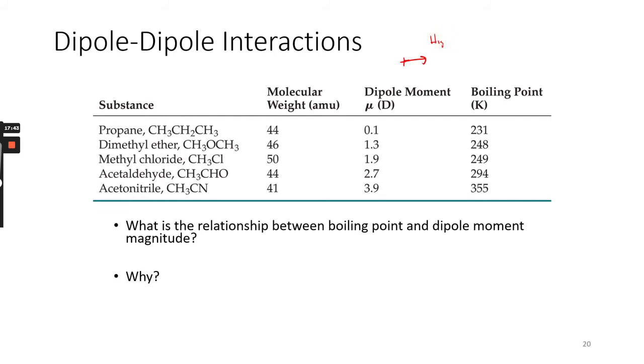So a high dipole moment results from large electronegativity differences. Now notice, as our dipole moment increases here, what is happening to our boiling point? It is increasing.